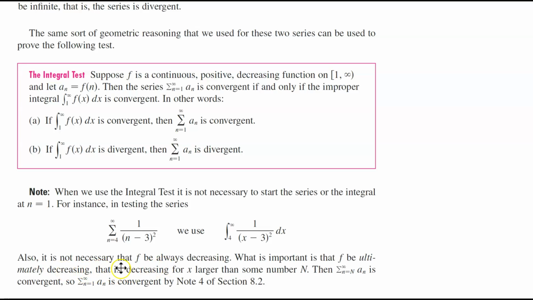And also, it is not necessary that the function always be decreasing. What is important is that f be ultimately decreasing, that is, decreasing for x larger than some number N. Then the series is convergent by note 4 of section 8.2.